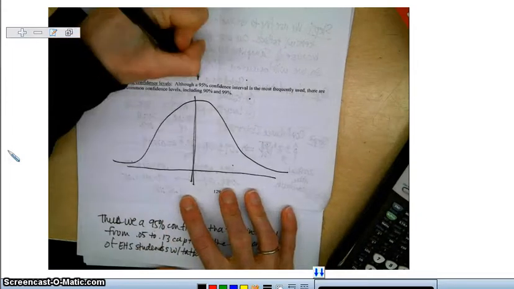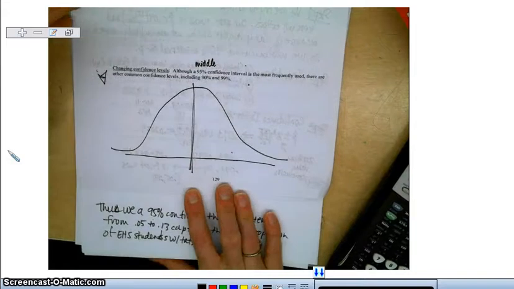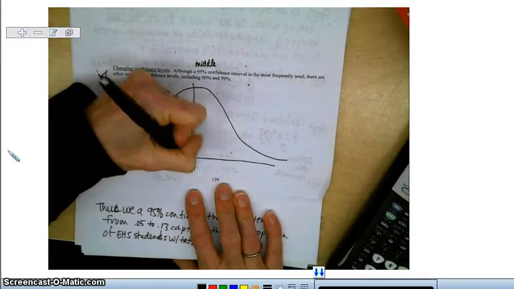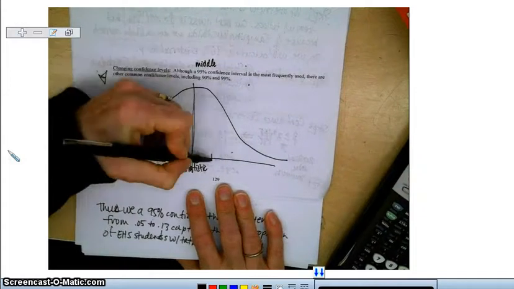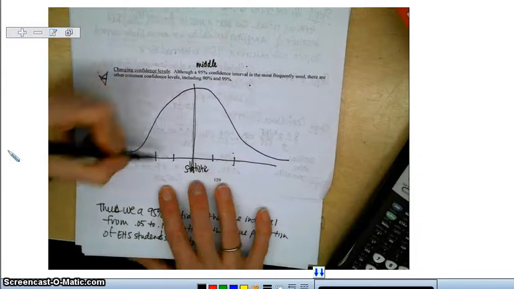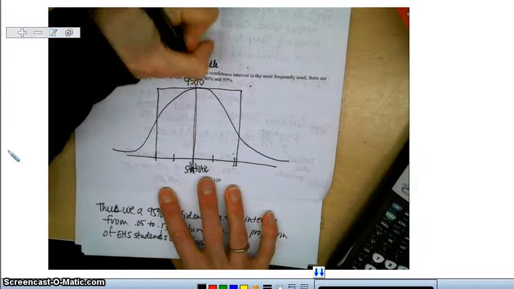If I wanted a 95% confidence interval, that means we want the middle 95% of data. Basically in a confidence interval, you've got your statistic right here, and then you're going to allow 2 standard deviations away. So 2 standard deviations away captured 95% of the data.